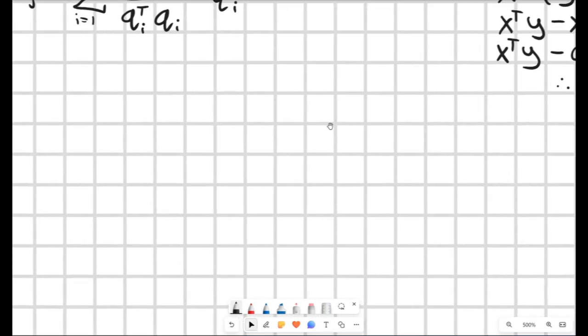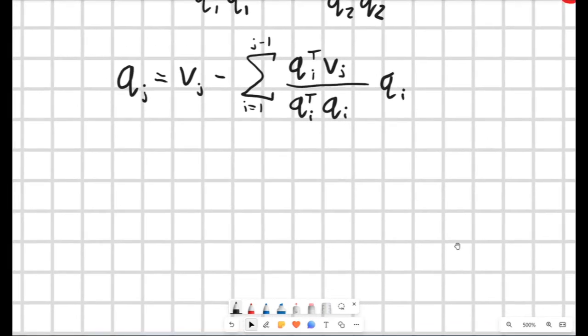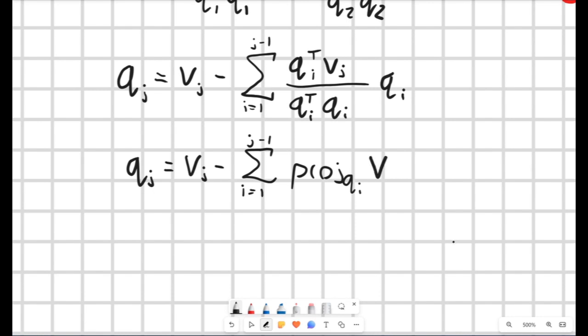So going back to our algorithm, we now know that we can write Qj is equal to Vj minus the same summation over i equals 1 to j minus 1. And then here we're going to write the projection onto Qi of Vj.